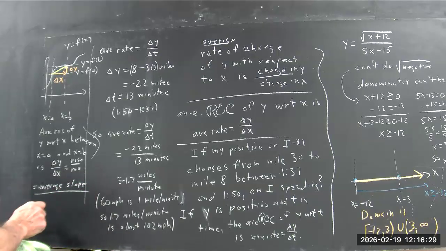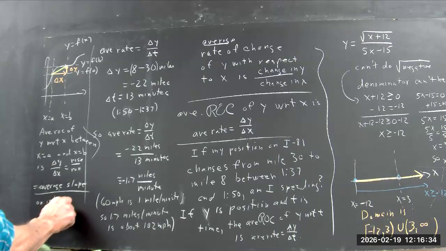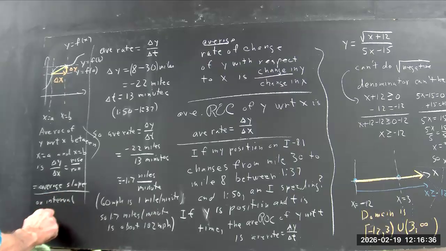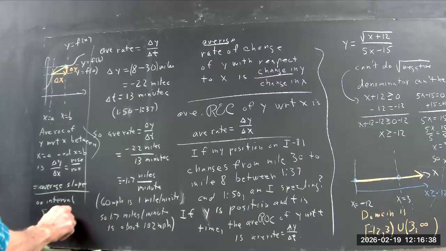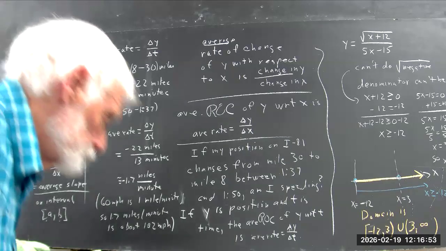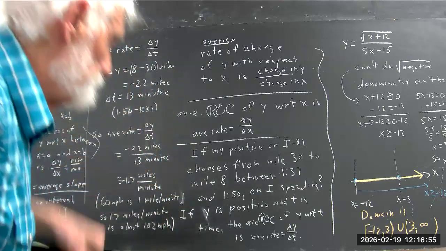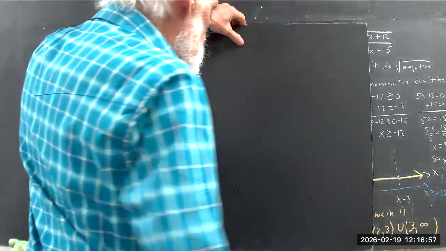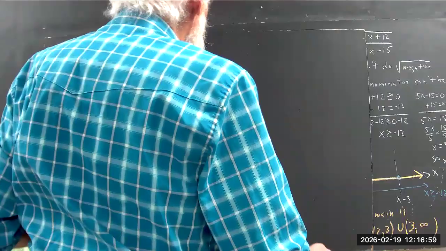The average slope on the interval from a to b. If I give you the rule for f of x, you can calculate this. So let's just see how that calculation would work.